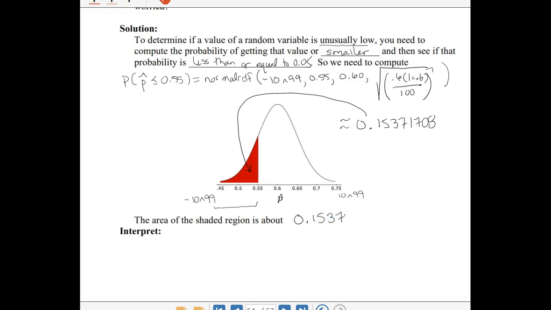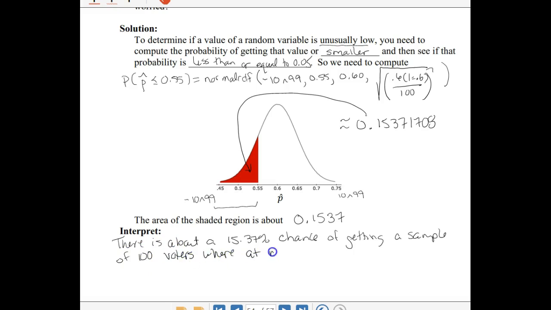So if we interpret this probability in the context of the problem, that tells us that there is about a 15.37% chance of getting a sample of 100 voters where at most 55% voted for the candidate.